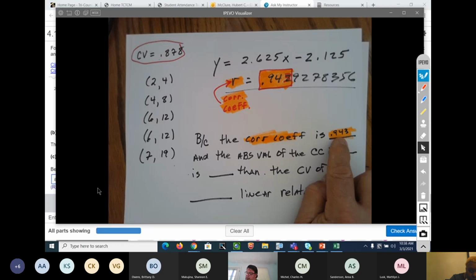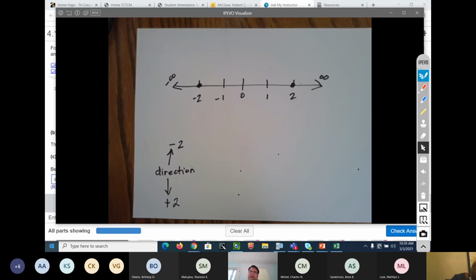So, D word. Direction. The positive and the negative always tells you direction. So we're going to take our handy dandy blue highlighter. The positive and negative always tells you direction.